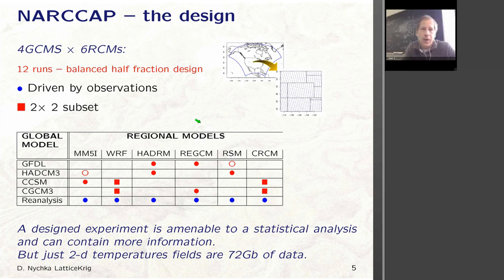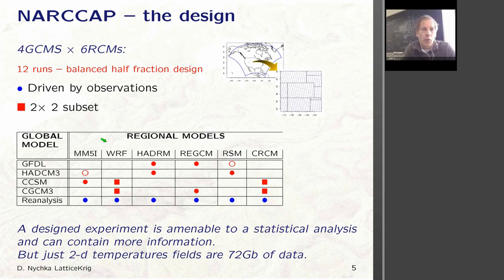The grant got good reviews. It was a multi-agency effort. Lot of support, but they said, but you have to cut your budget. You have half your budget. So the decision was to run a half fractional factorial design. The plan for NARCAP is to do 12 pairings of these global and regional models.